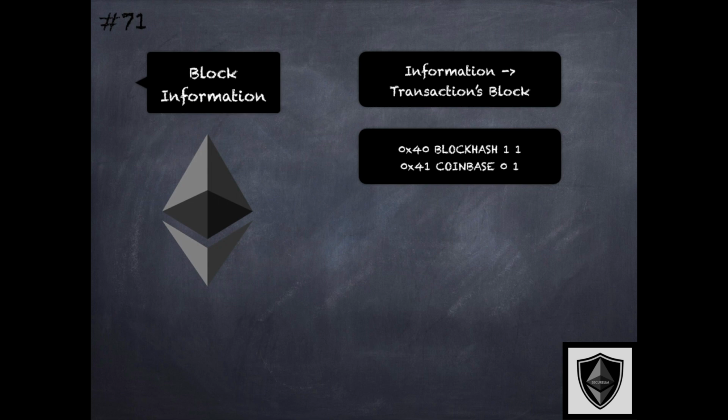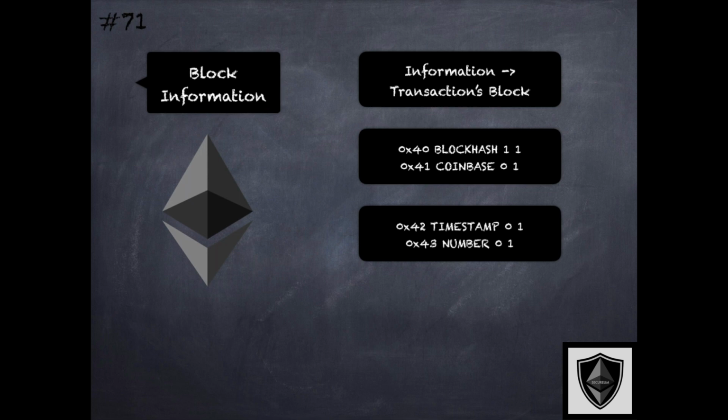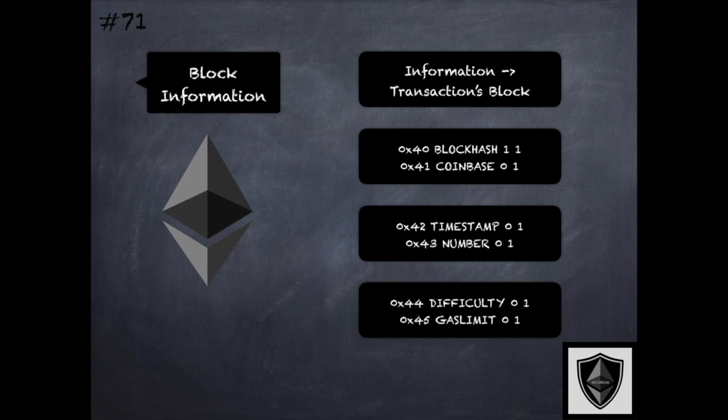Then there is the Coinbase instruction. This gives the block's beneficiary address, the address to which the block reward and transaction fees are credited. There's a timestamp instruction that gets the block's timestamp. There's a number that gets the block's number. There's a block difficulty instruction and also a block gas limit instruction.